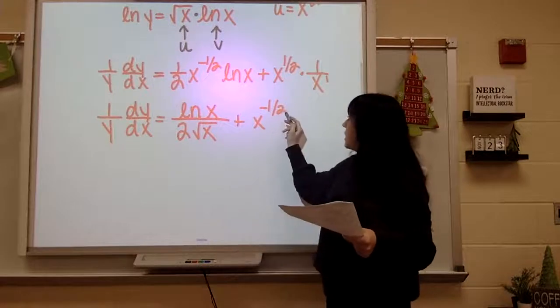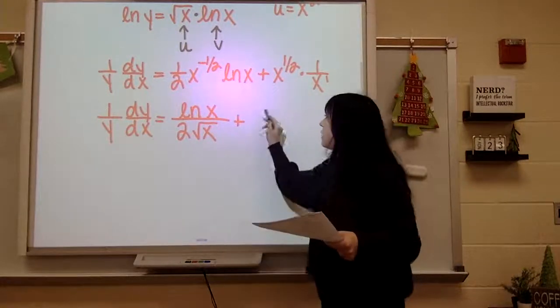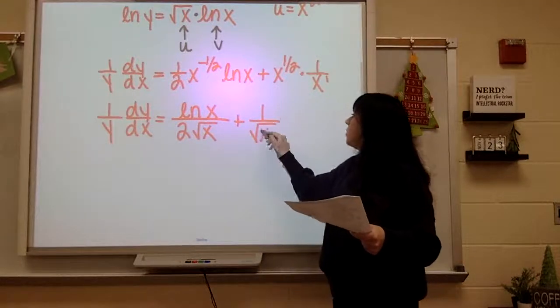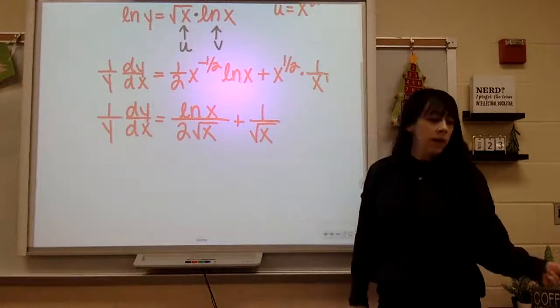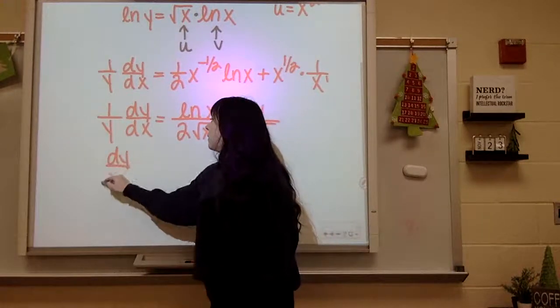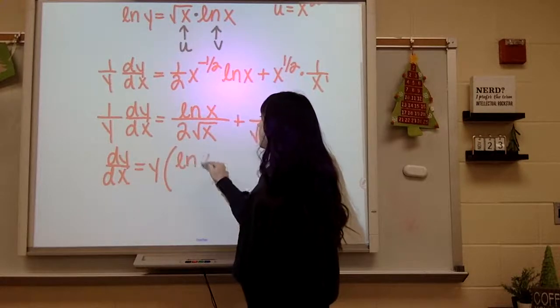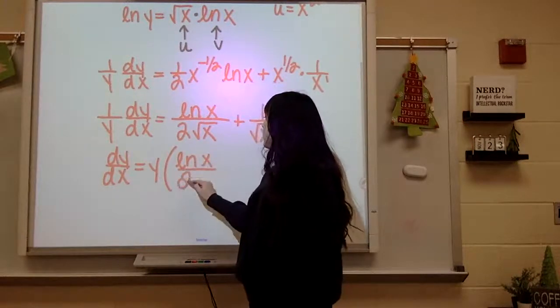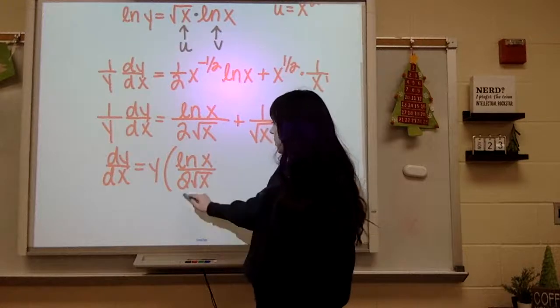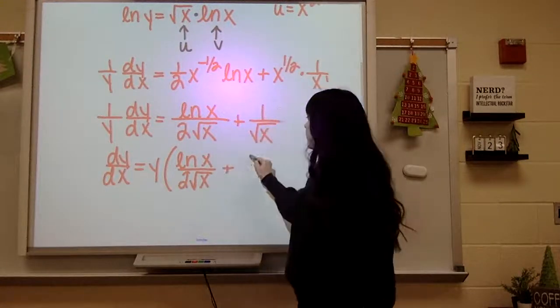And then that actually means I would have 1 over square root of x. So I'm going to go ahead and write it like that. 1 over square root of x is how that would reduce. And then you're going to multiply your y over. That is a weird looking 2. Hold on. There we go.